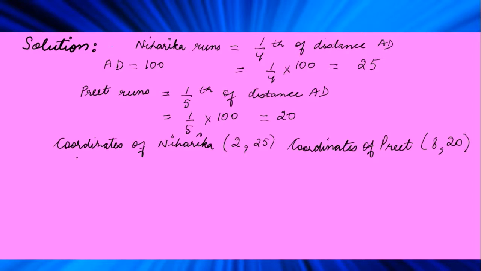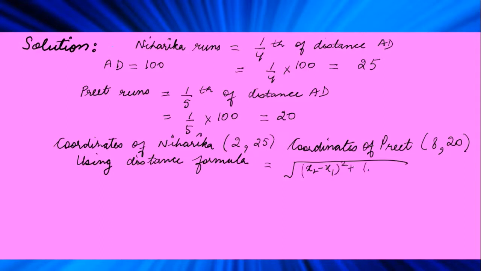So using the distance formula, square root of (x2 minus x1) square plus (y2 minus y1) square.